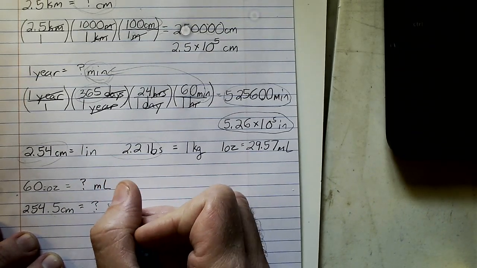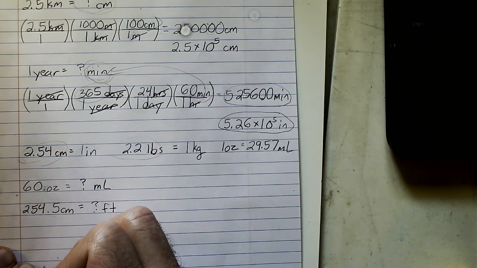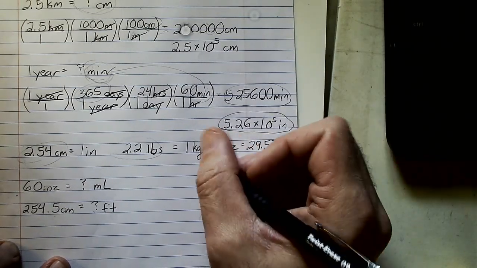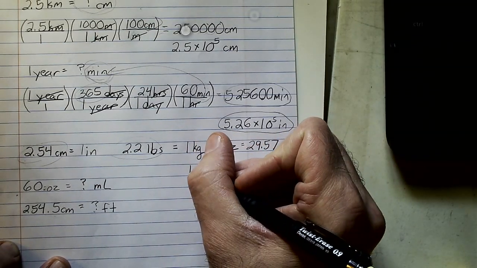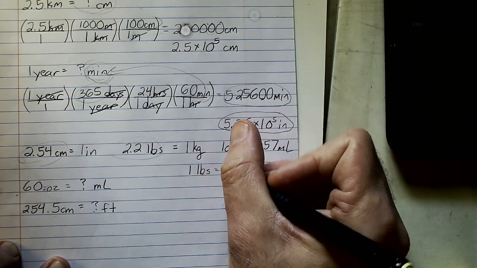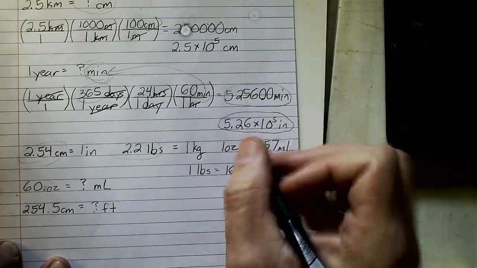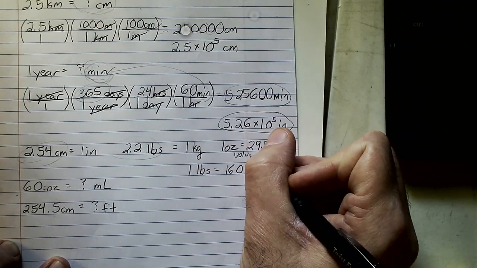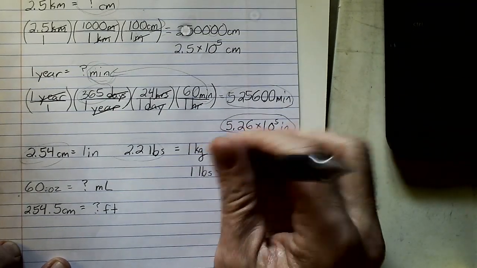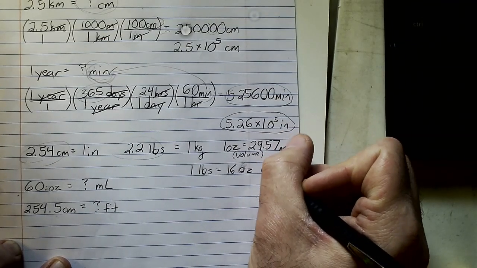And I want to know how many feet I have. Let's say I've got, let's do this. In 1 pound, that equals 16 ounces. And this is weight. This is volume. And this is weight.